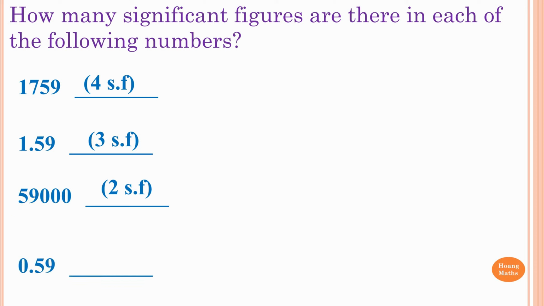Next one, 0.59. Remember, 0 in front of a non-zero digit is not significant. So the only significant digits are 5 and 9. Therefore, we have only 2 significant figures in this case.